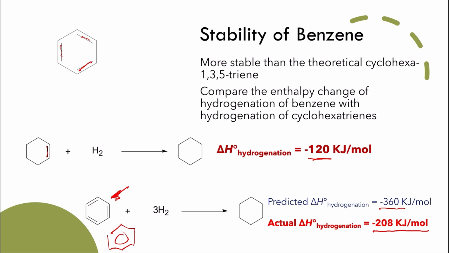The reason for that is that energy is taken in when the bonds are broken, and then energy is released when the new bonds are formed. That means because we have a smaller value here for the benzene ring, these double bonds would need much more energy to be taken in in order for the bond to be broken. So this is why the enthalpy of hydrogenation is much less, and this is why it's much more stable, meaning it needs much more energy to break these bonds.